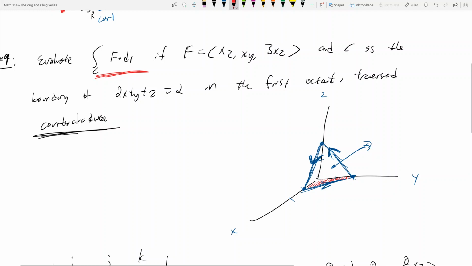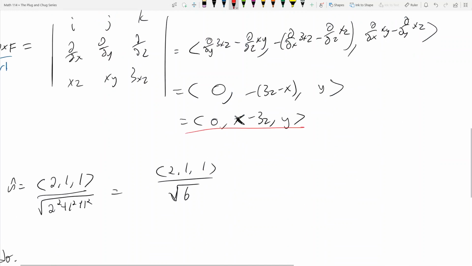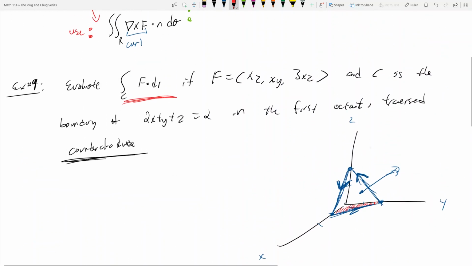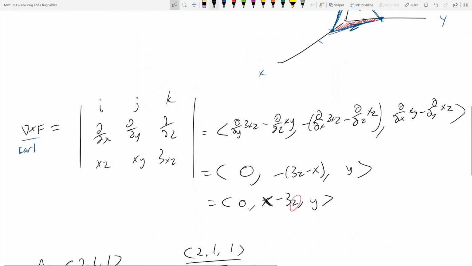If we project into the xy plane, any z's we have need to be replaced by x's and y's. Since my equation is 2x plus y plus z equals 2, I can rewrite it as z equals 2 minus 2x minus y. So here, z also needs to be replaced with 2 minus 2x minus y.